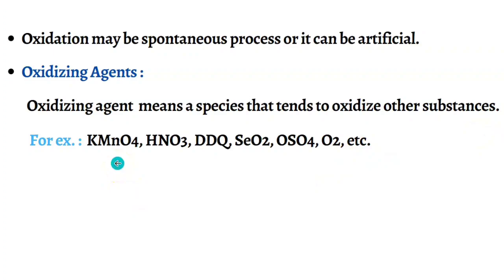KMnO4 is an oxidizing agent. What does it do? It oxidizes the species. Hence, it is an oxidizing agent. There are other examples also, like HNO3, DDQ, selenium dioxide, OsO4, O2, etc. These are all examples of oxidizing agents.